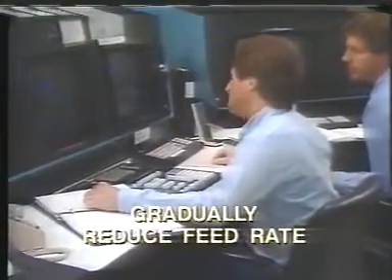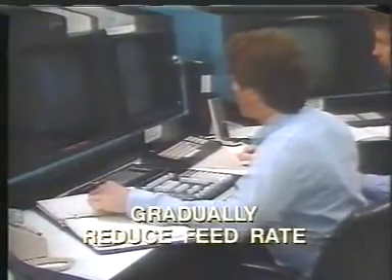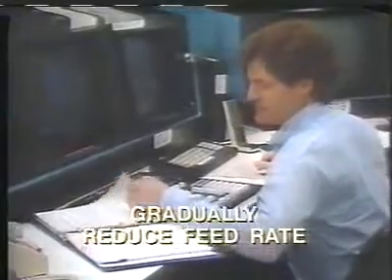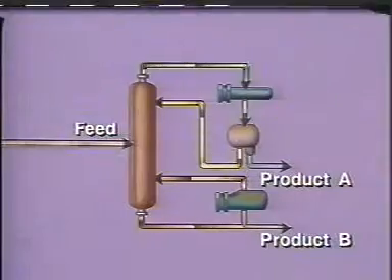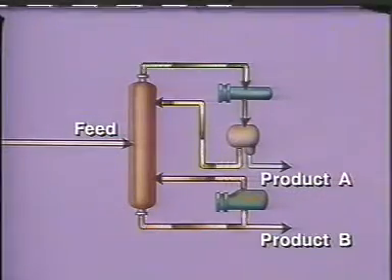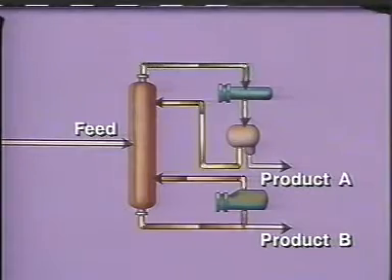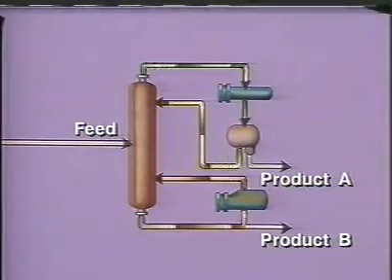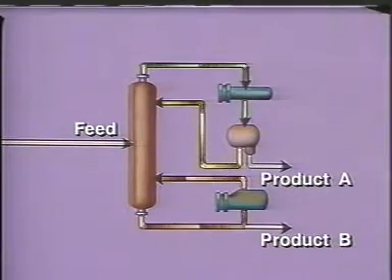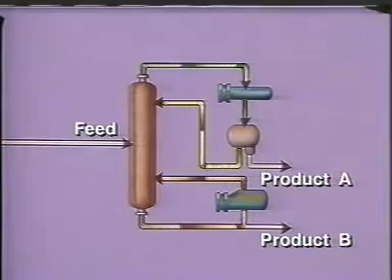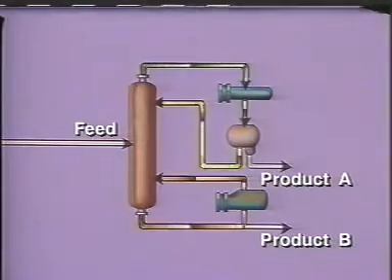This allows us to produce on-specification products while the feed rate is being reduced. The feed rate is reduced until the tower is on total reflux. At this point, no feed is being added to the column and no products are being withdrawn. The material that remains in the tower continues to fractionate, but is not removed as product.